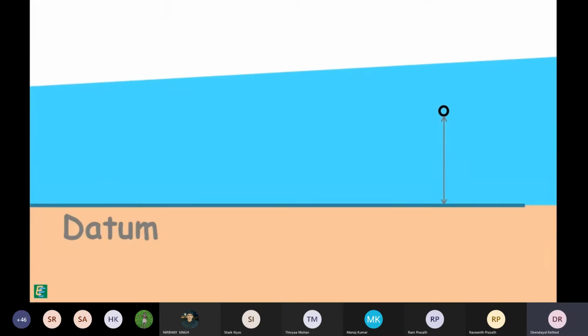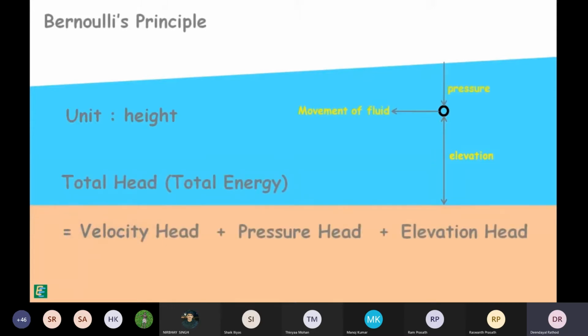Datum can be understood as any reference line or plane. Here Z represents the height or elevation of the point of consideration from our considered datum. This total head has the unit of height, such as meters.